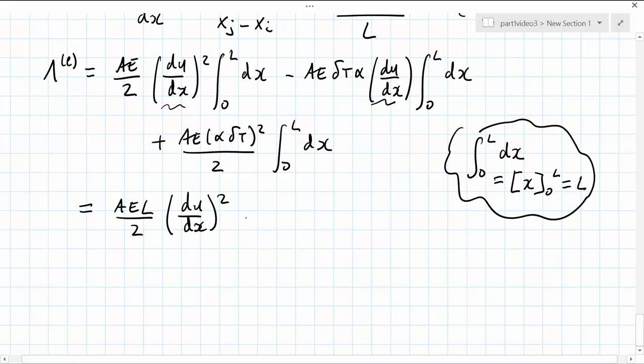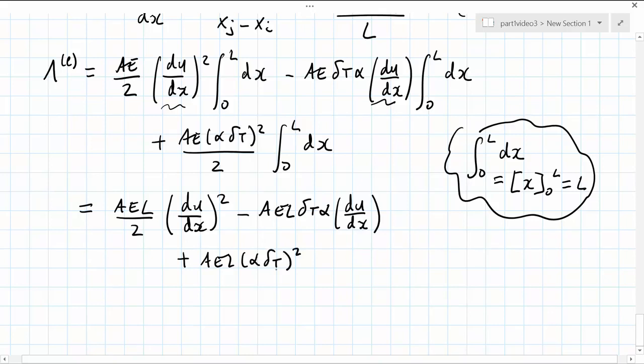Doing the same for the other parts of this expression, we get AeL delta t times alpha du by dx plus the final term AeL alpha delta t squared divided by 2.